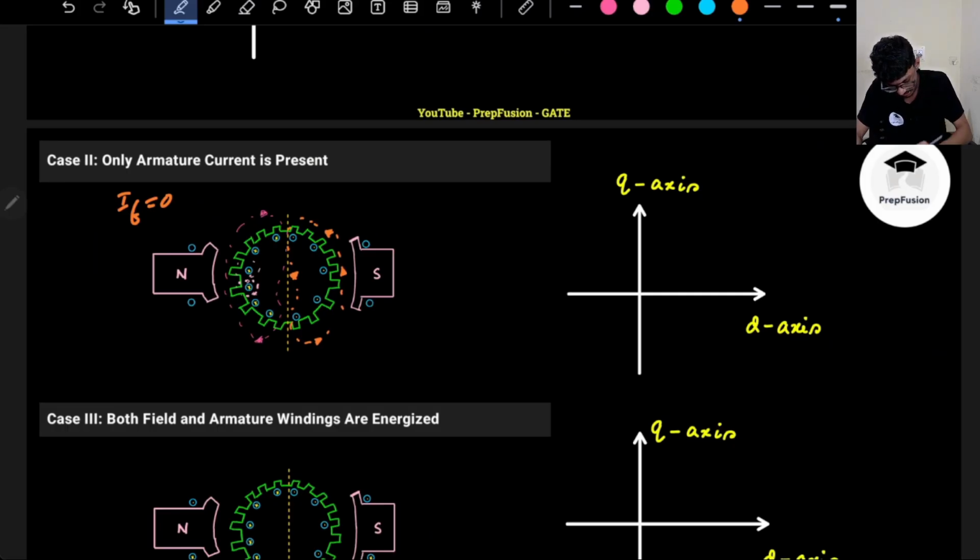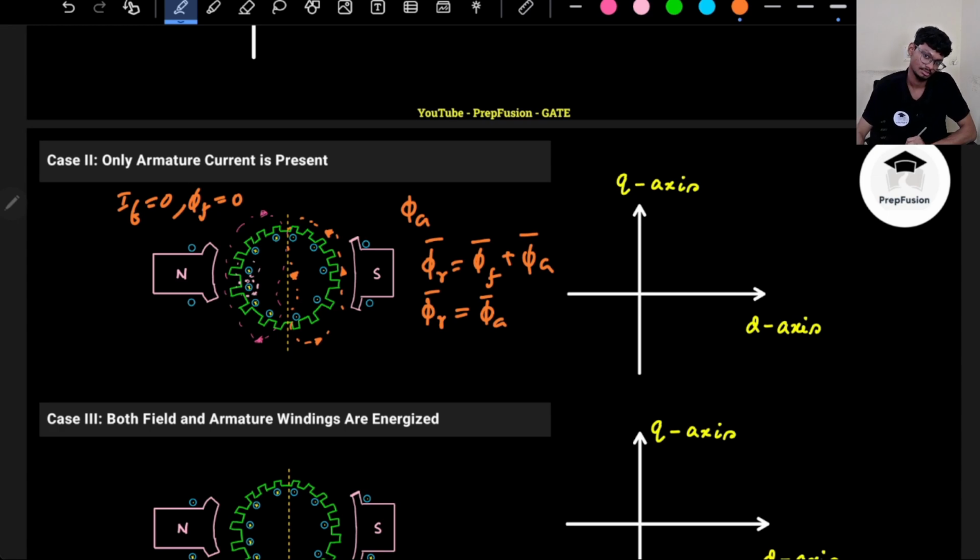That means basically I have only armature flux, phi f is 0. So my phi resultant will be phi f plus phi a, but this field is 0. So if field is 0, that means phi r will be phi a only.